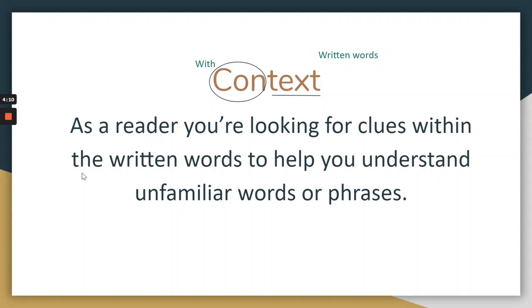Context: with written words. We're using written words to help us figure out what unknown or tricky words mean. As a reader, you're looking for clues within the written words to help you understand unfamiliar words or phrases.